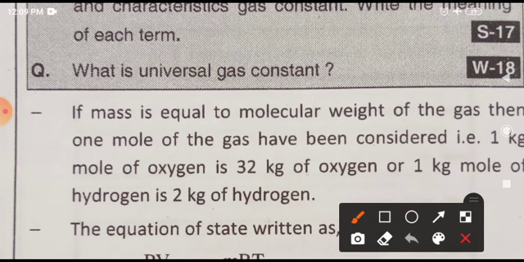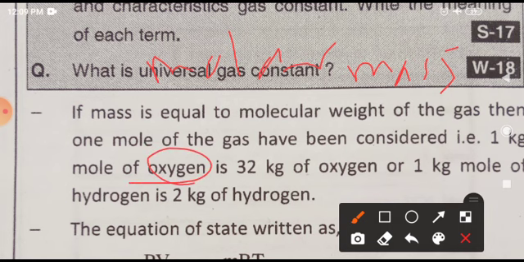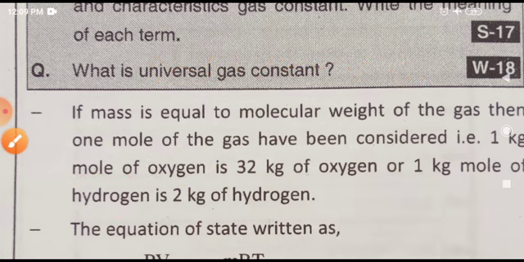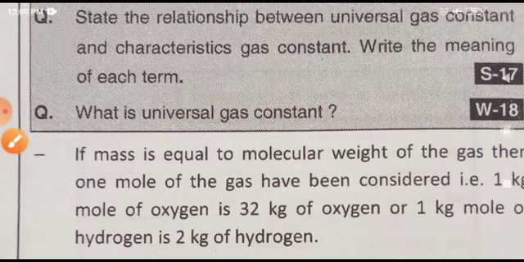If you want to calculate the molar mass of any substance, then you must know the molar mass of this particular gas, that means hydrogen or oxygen. What is the molar mass of oxygen? It is equal to 16.